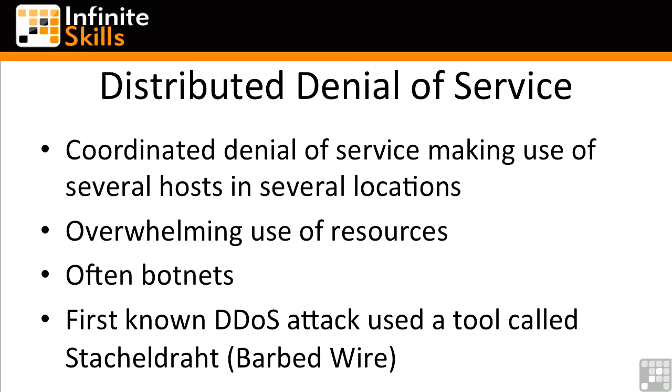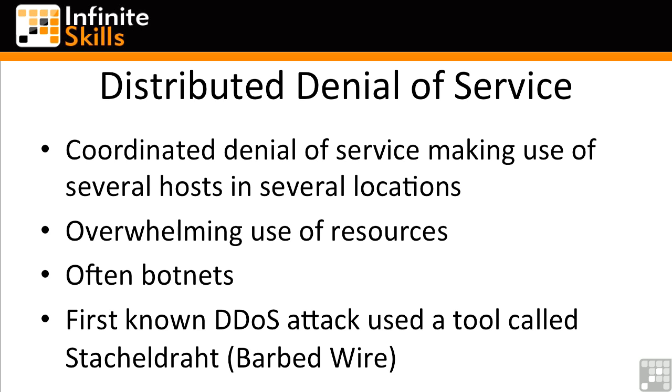So if you think about a botnet as an example, a botnet could be used to trigger a distributed denial of service, where I've got a lot of bots that I am controlling from a remote location, and I'm using all of those bots to do something like sending a lot of data to a particular server.